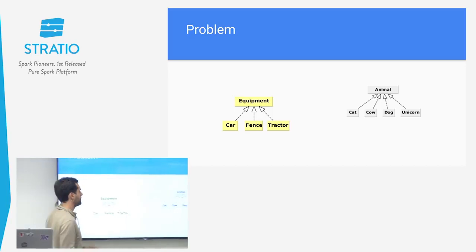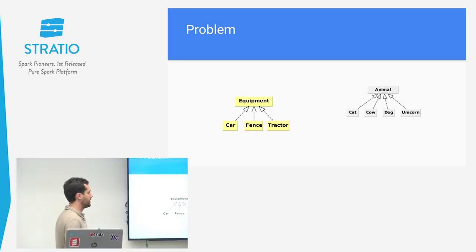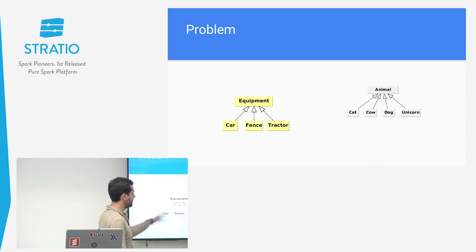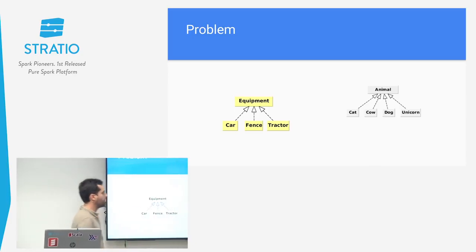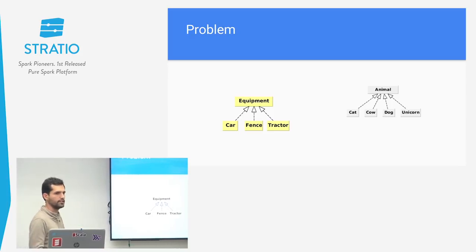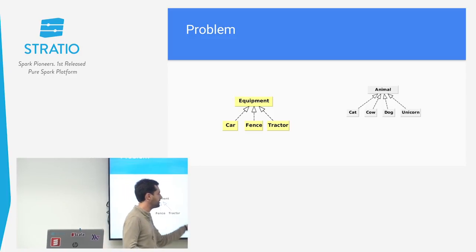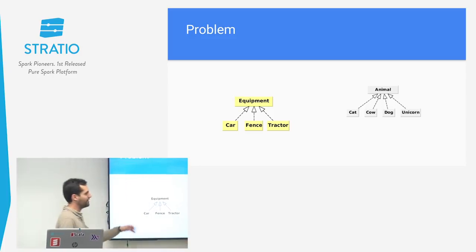You might be thinking, okay, for what? This is software for managing farms. We have equipment: car, fences, tractors, and we have animals: cows, dogs, and we want to schedule tasks, such as fixing the car, improving the fence, fixing the tractor, or feeding the cat, feeding the unicorn, feeding the dog.